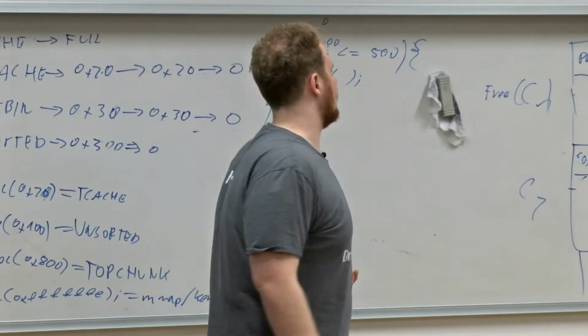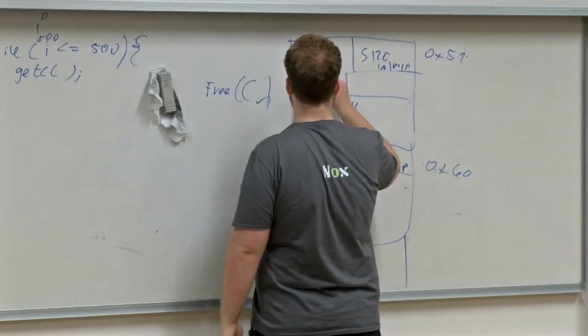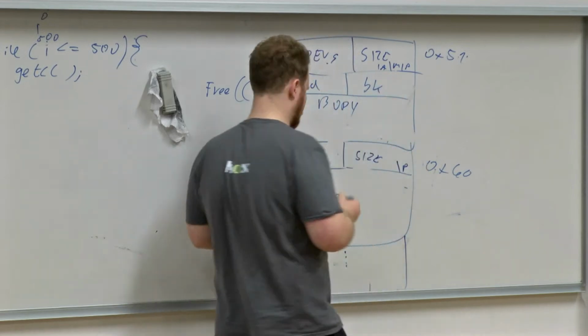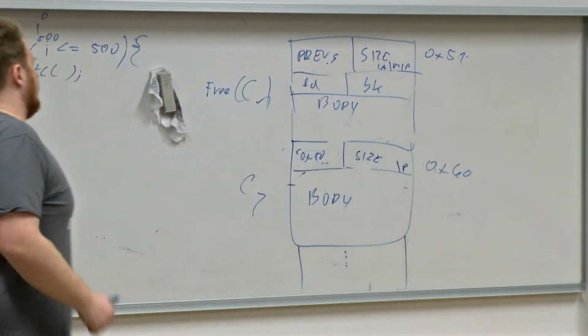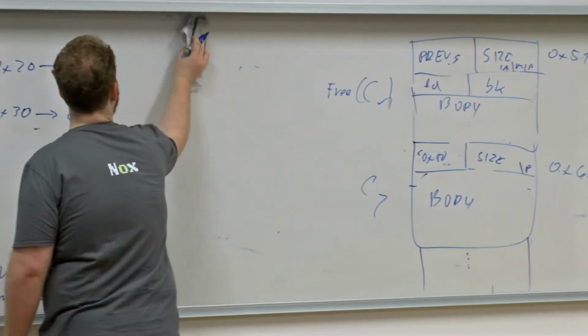Let's say we are able to write to the chunk again. As soon as we free it, of course, we get here the FD and the BK, because we freed the chunk.